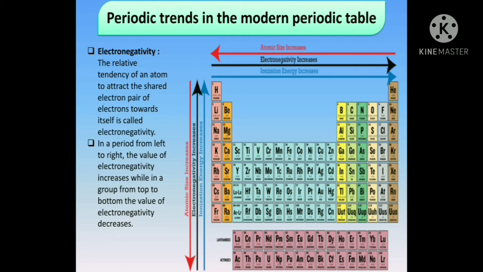Here the arrow is given from down to up, showing the electronegativity increases from bottom to top, whereas from top to bottom it decreases. So this is the third and the important trend of modern periodic table, that is metallic and non-metallic character.